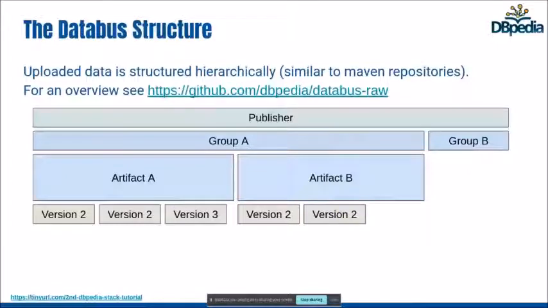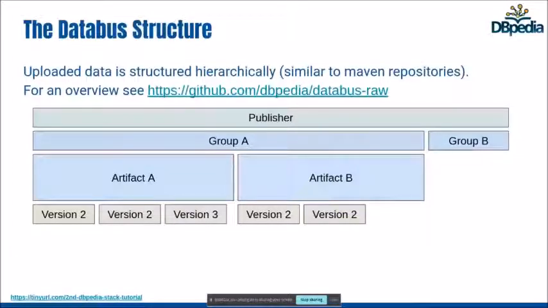Multiple artifacts can then be put into groups, similar to Maven Central as well. There are groups to bundle together certain artifacts that belong together. All the groups will then be published under your publisher name. And when you go back to the leaf nodes, each artifact can have multiple versions.